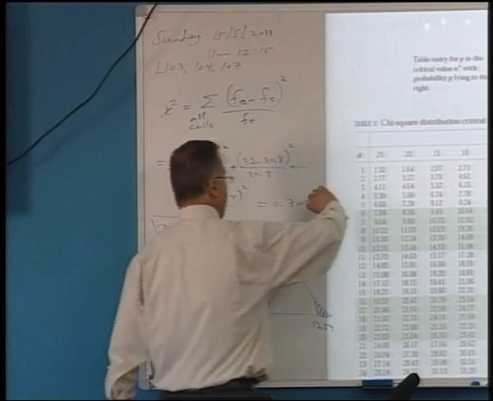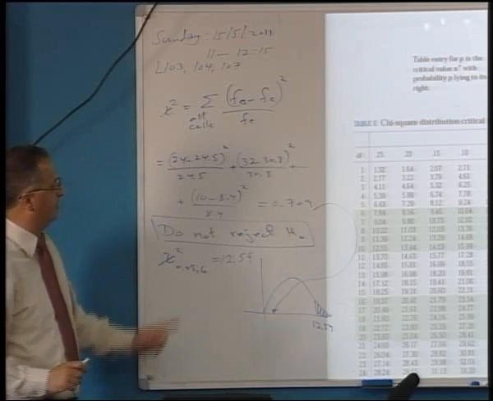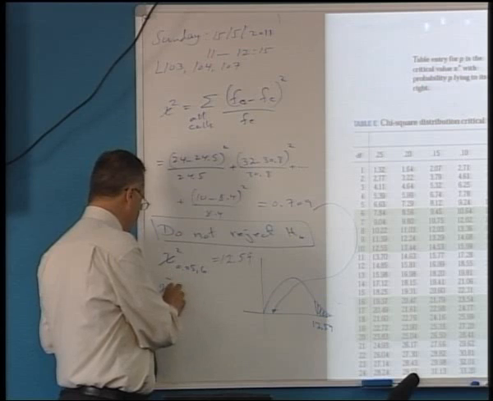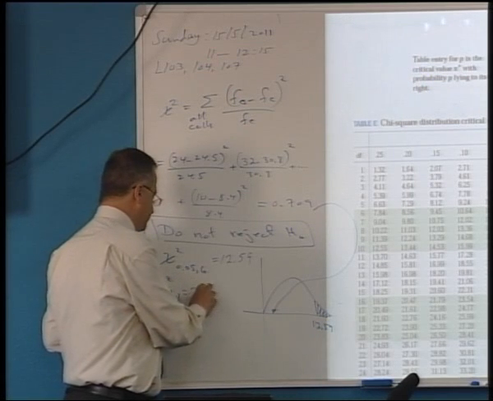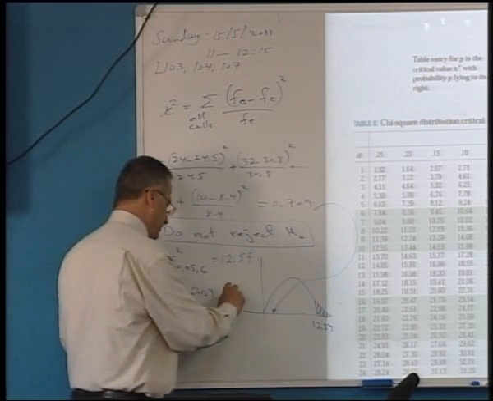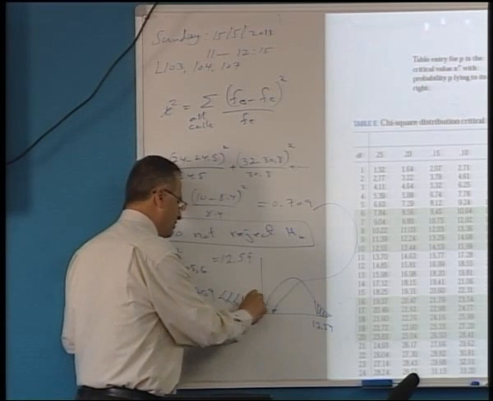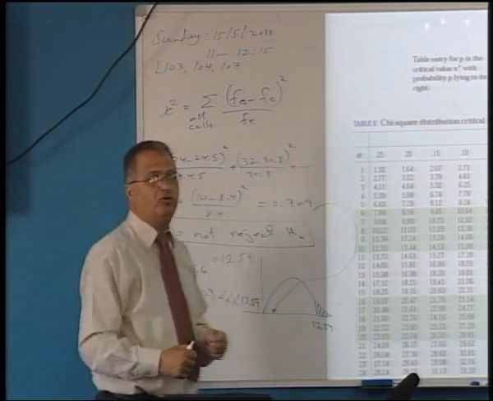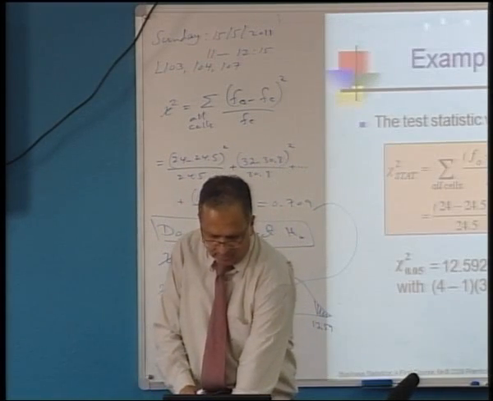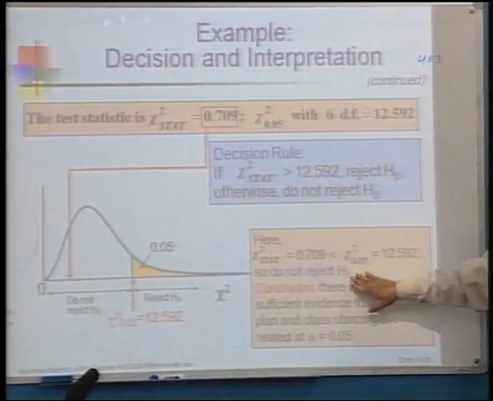Now my chi-square value falls in the non-rejection region. It's a very small value. The chi-square statistic is 0.709, much smaller than the critical value. So we don't have sufficient evidence to support the alternative hypothesis. So my decision is don't reject the null hypothesis.